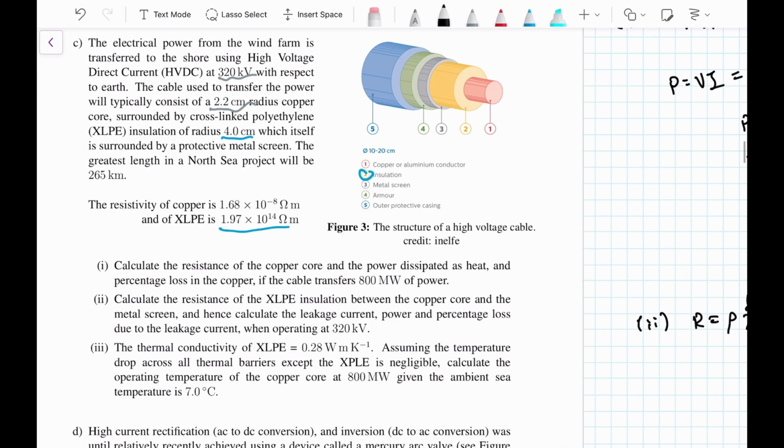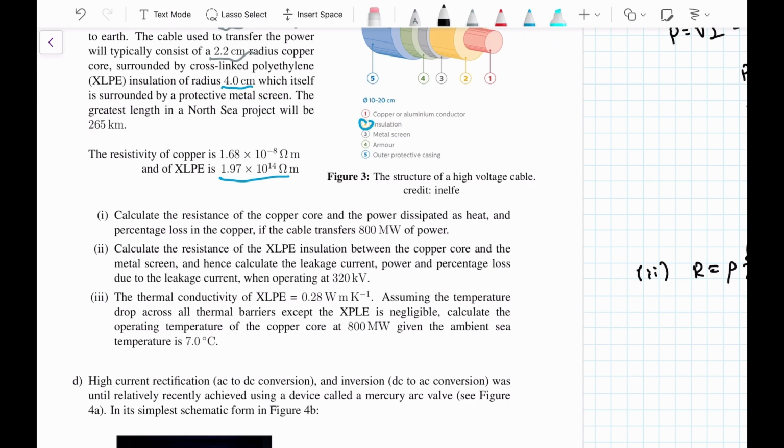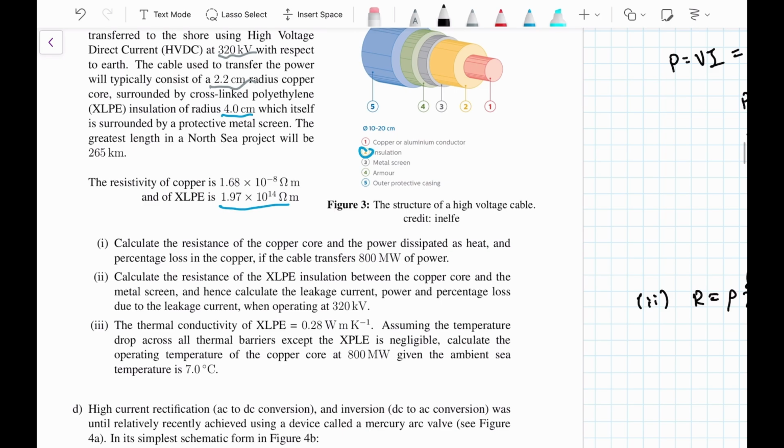And then we want to calculate the leakage current.